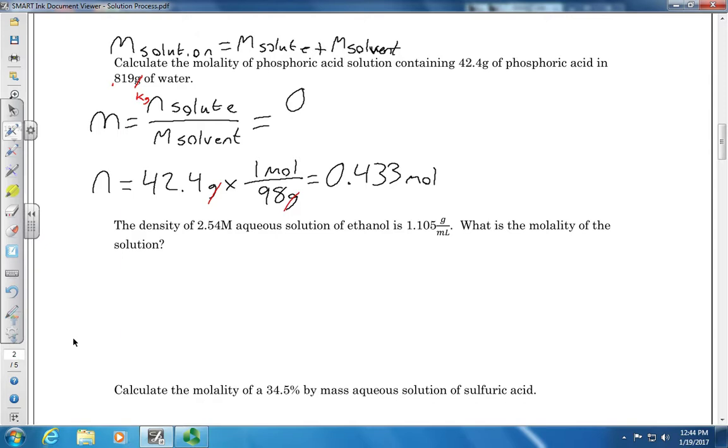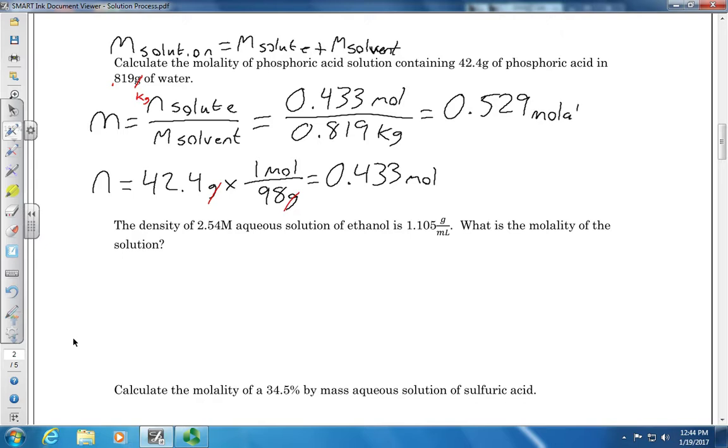So we're given 0.433 moles divided by 0.819 kilograms, and we are left with 0.529 moles per kilogram, or sometimes it's referred to as molal.